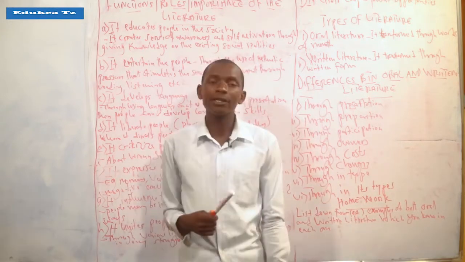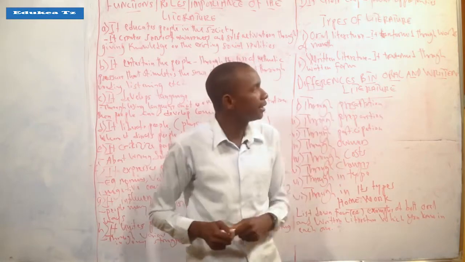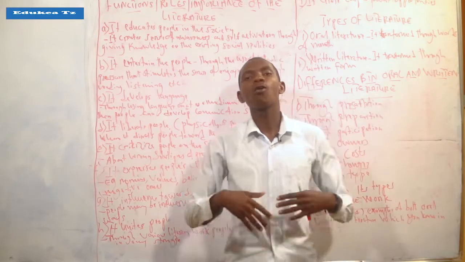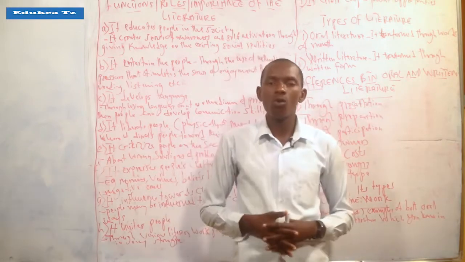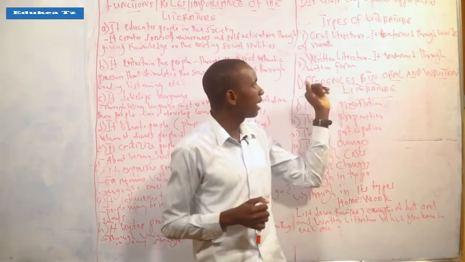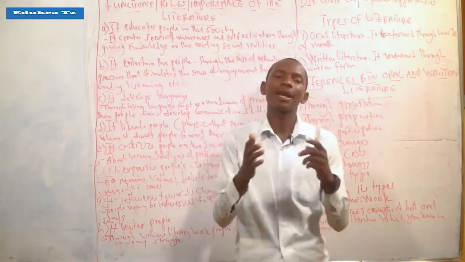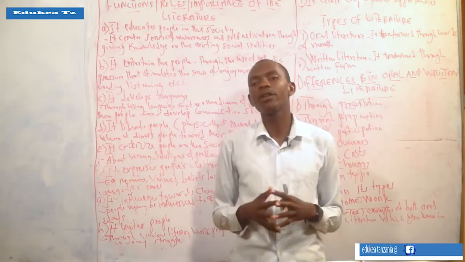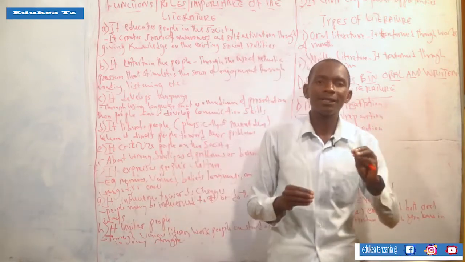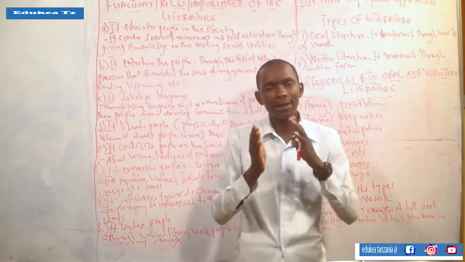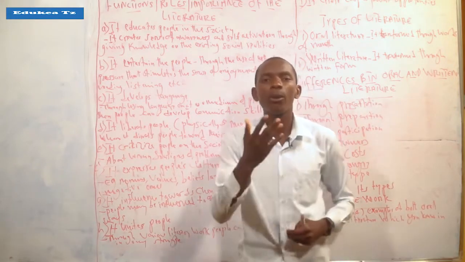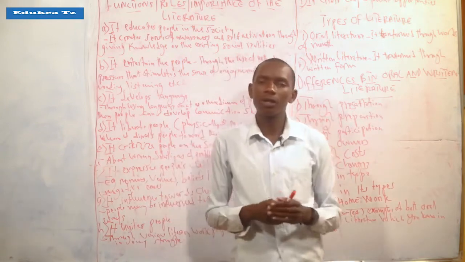The second type of literature is written literature. Written literature is a kind of literature which is transmitted in written form. So we must read it, whether it is a story, a poem or any other work which has been written.